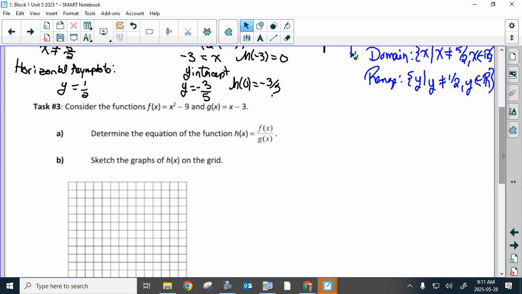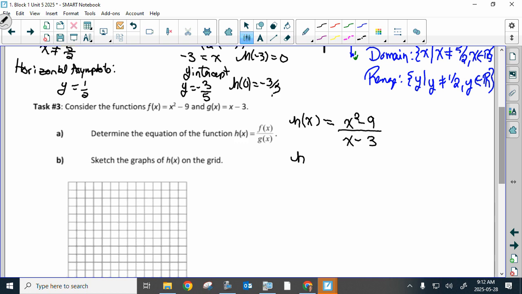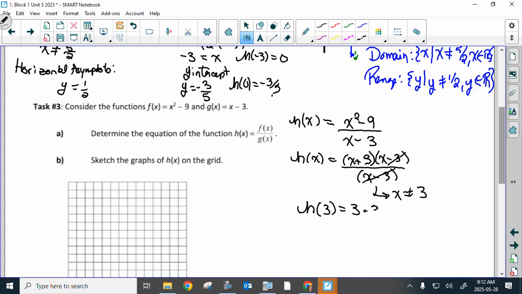So if h of x is equal to f of x over g of x, please find h of x. Did you guys get that you end up with a point of discontinuity at 3 and 6?